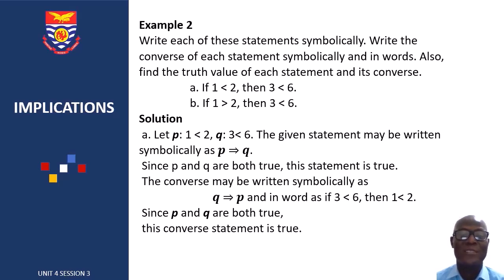Now the converse may be written as Q implies P. In word form, if 3 is less than 6, then 1 is less than 2. 3 is less than 6 is true, and 1 is less than 2 is also true. Since both statements are true, we conclude that its converse is also true.